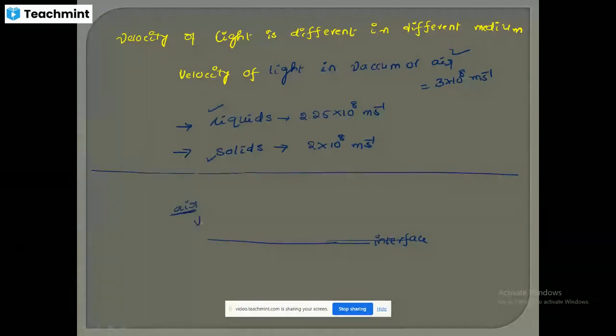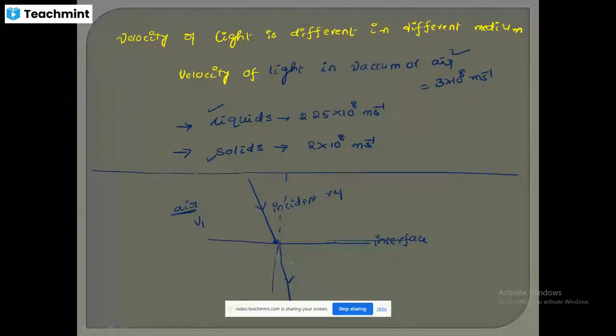Light is traveling in this direction, and this ray is called the incident ray. At this point light is incident, draw the normal here, and light is bent like that.